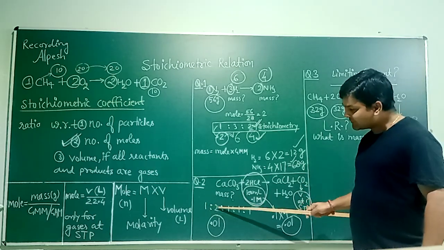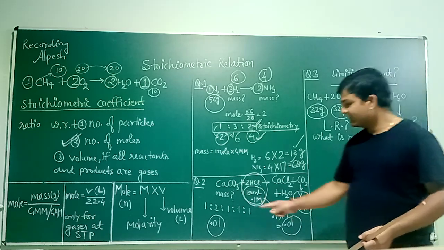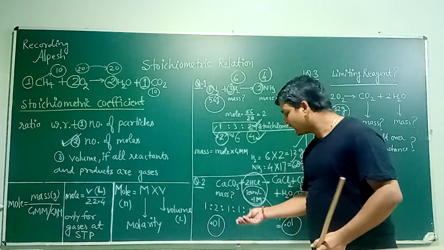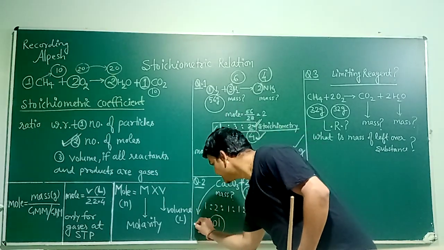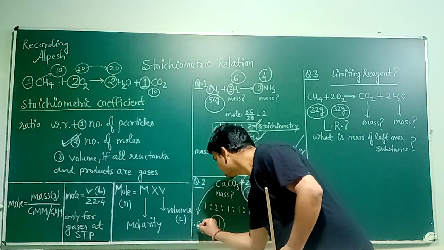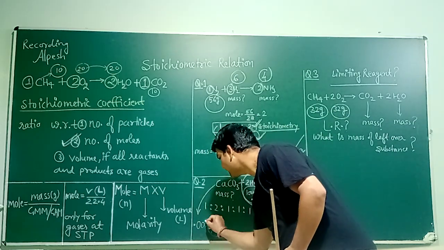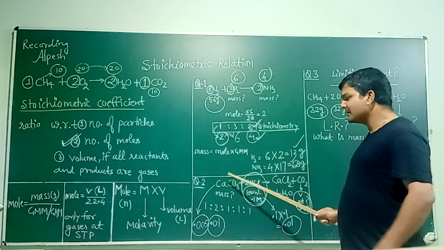The ratio says 2:1. It means moles of calcium carbonate will be just half. Half means here moles of calcium carbonate should be 0.01 divided by 2. It means it is 0.005. This is moles of calcium carbonate.